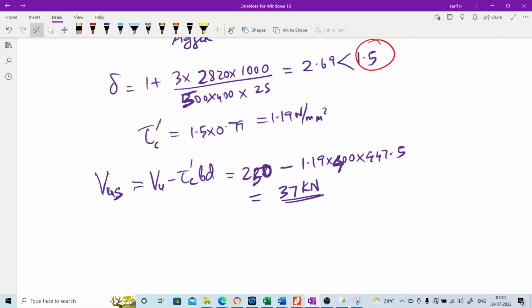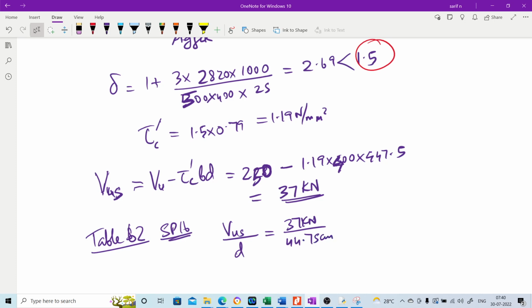So this again, I think it is from table 62. We can get the stirrup spacing required, SP16. So we have to find out VUS divided by D. So that is 37 kilonewton divided by 44.75 centimeter. So we will be getting some 0.83 kilonewton per centimeter.